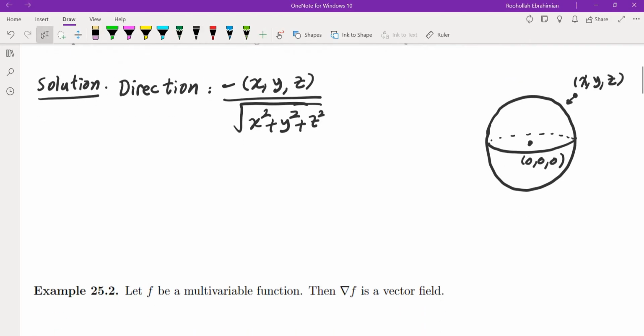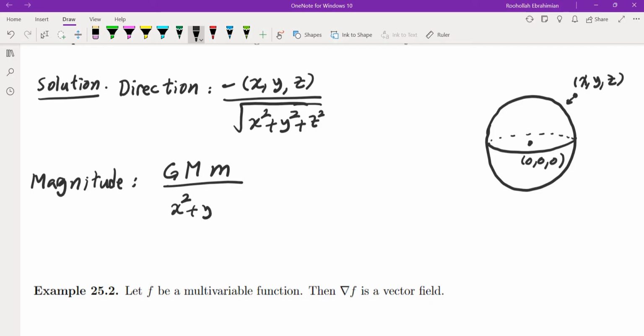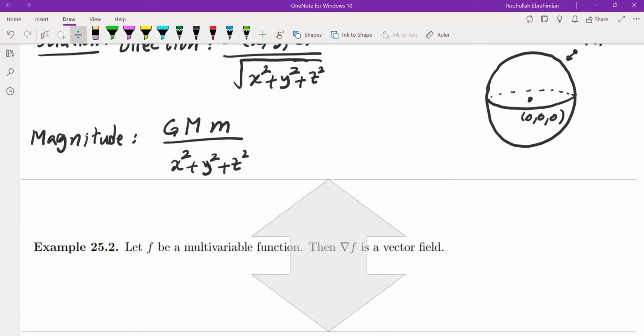Now, what is the magnitude of the force? The magnitude is evaluated by one of the laws of physics, which is GMm divided by the radius squared, the distance squared, x squared plus y squared plus z squared. G is the universal gravitational constant.